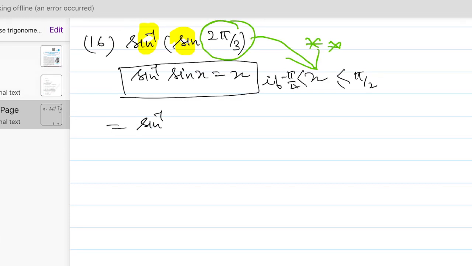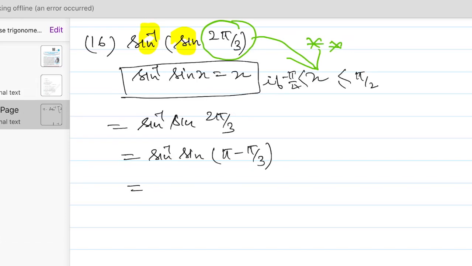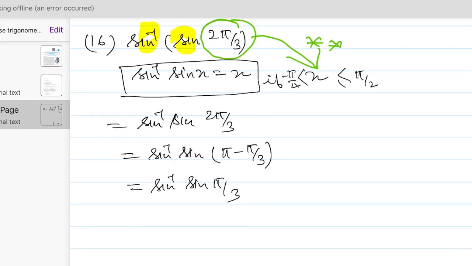Again, the question is sine inverse sine 2 pi by 3. So, sine 2 pi by 3 can be written as sine of pi minus pi by 3, as sine pi minus theta is equal to sine theta.